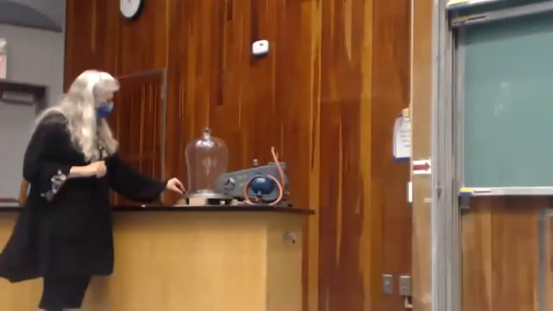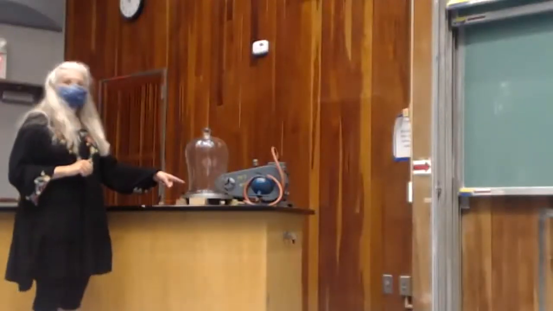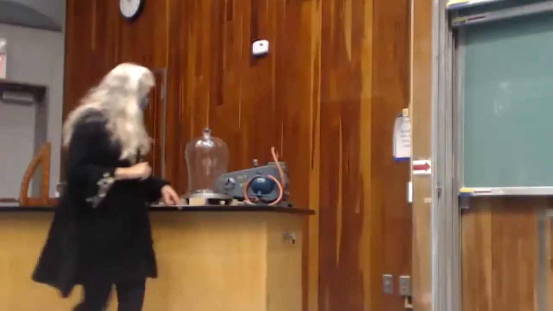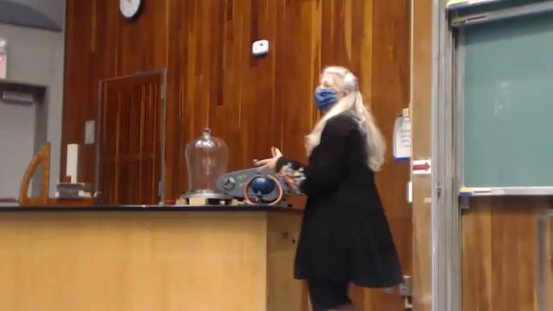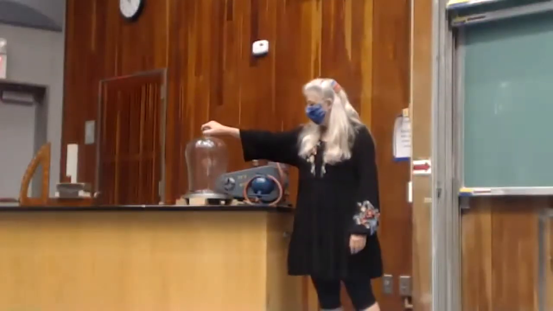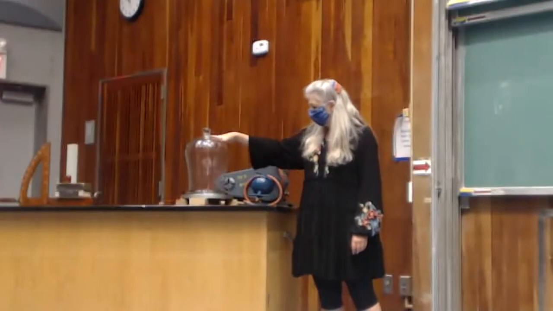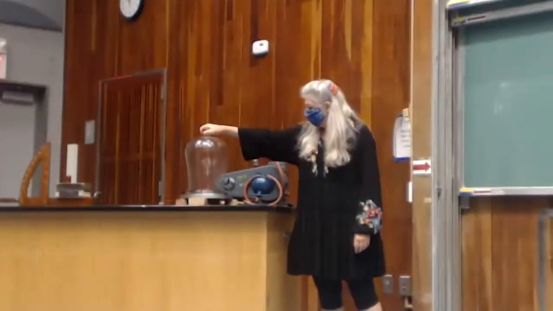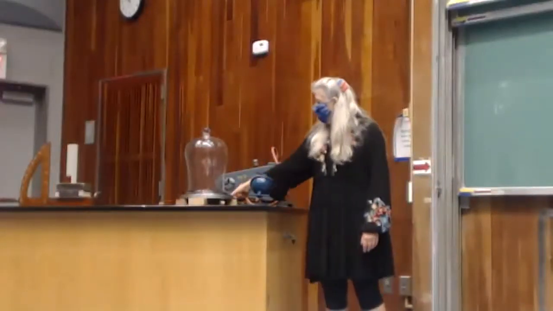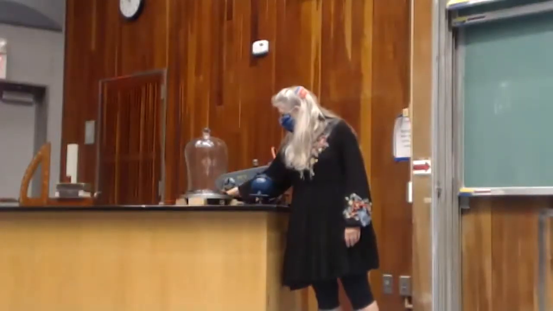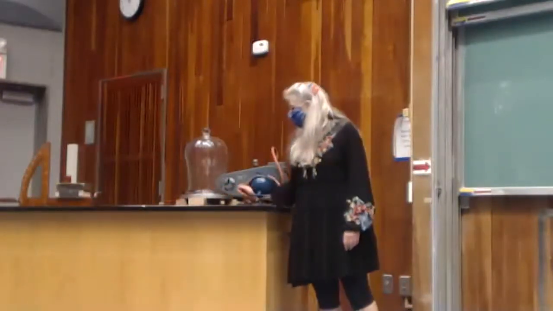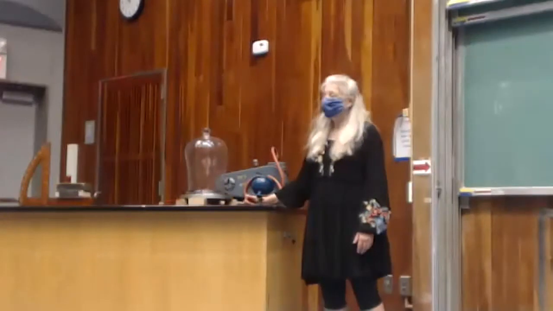There's a buzzer inside, which you can barely hear, and it's hard to hear because there's not much air inside this bell jar. Actually, I can try and pull it up. It won't come up. But if I let the air in, let's see. It gets louder.